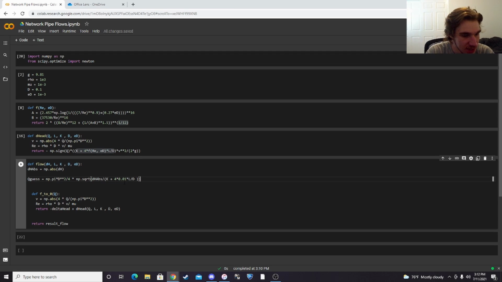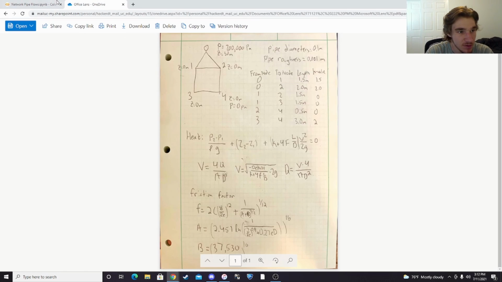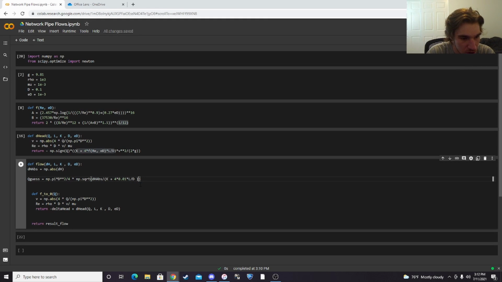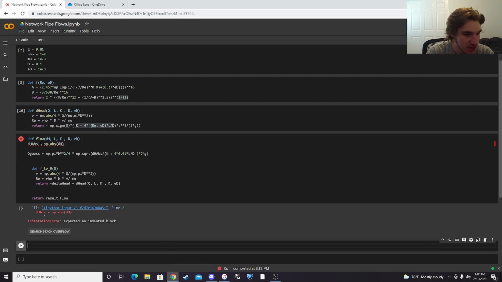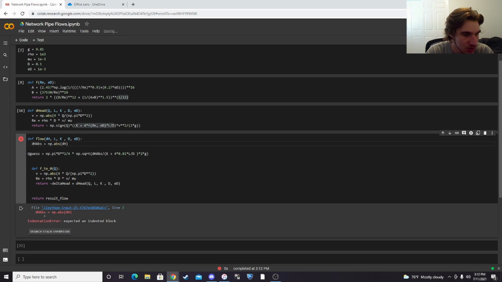So once we have this, we need to make sure everything lines up perfectly, and we have to multiply this by 2 times g. And that should be a 2, not an add symbol. We can shift enter that, and dhabs is not indented, and neither is QGuess. So it is going to be mad at me for that.